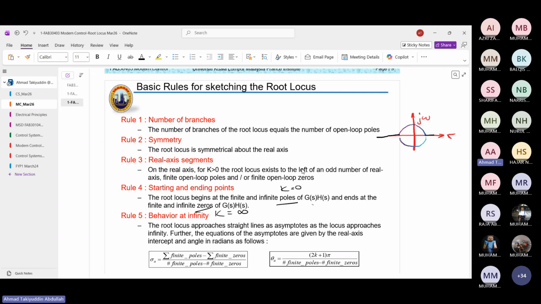If we just refer to the real axis segment, it will be a breakaway point if the real axis segment that we have in our consideration is at k equal 0. Okay, let's look at this.